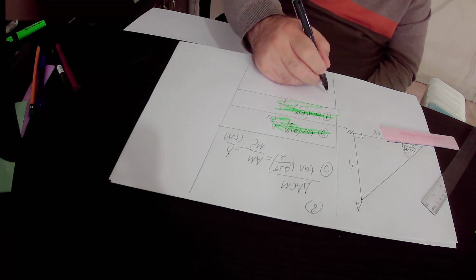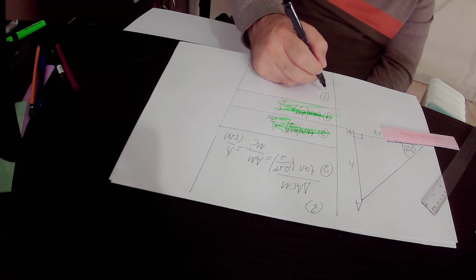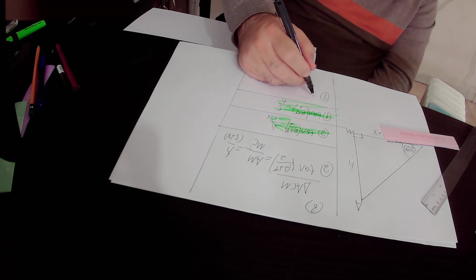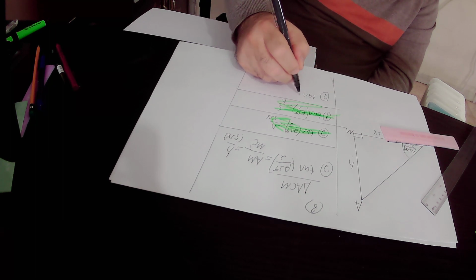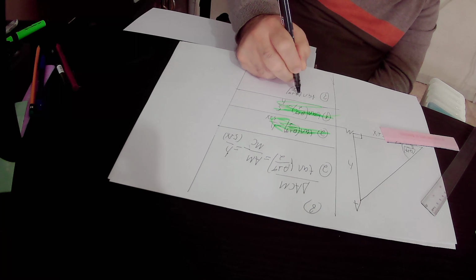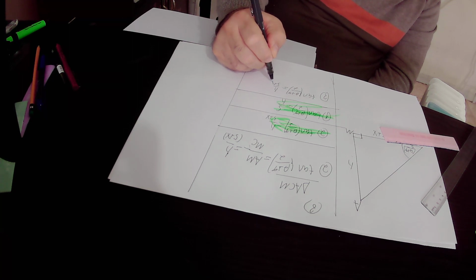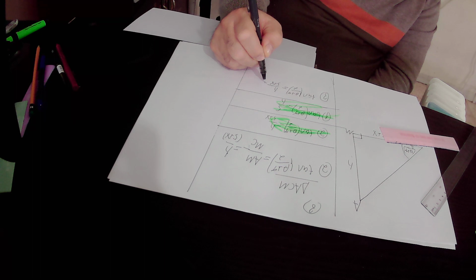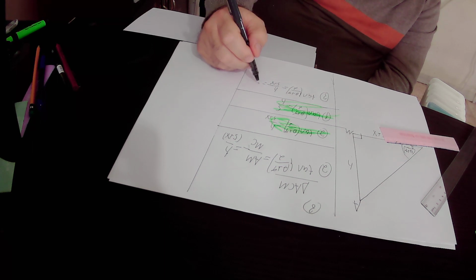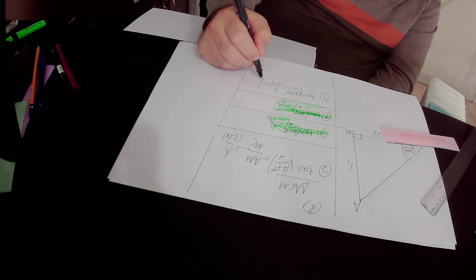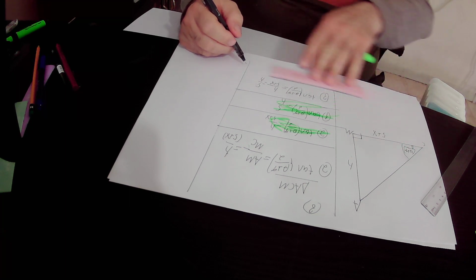So equation number 3 states that tangent of (theta plus alpha) over 2, according to equation number 2, is equal to h over 5 plus x, while according to equation number 1, it equals 5 over h.